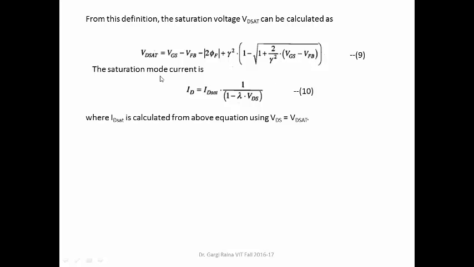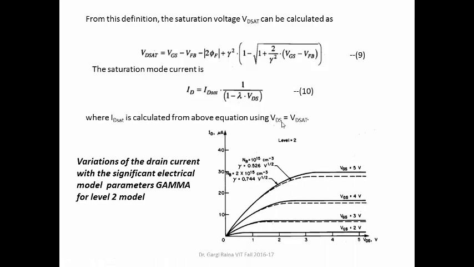So the saturation mode current is given by ID is equal to ID sat into 1 by 1 minus lambda VDS, where ID sat is calculated from the above equation using VDS equal to VDSat.